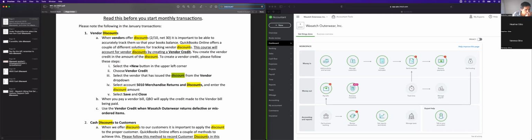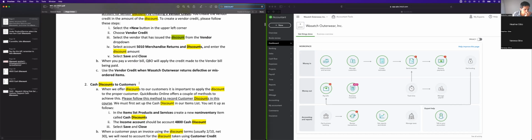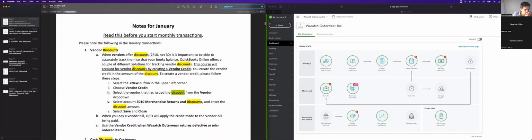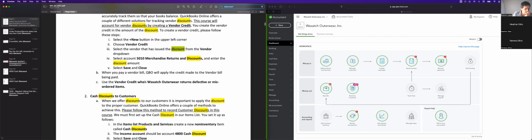And it says a vendor discount, a vendor credit. So all the vendor credit should be on the merchandise returns and discounts. And then everything else, just cost of goods sold. Yeah, vendor credit when Wasatch Outerwear returns defective or misordered items.